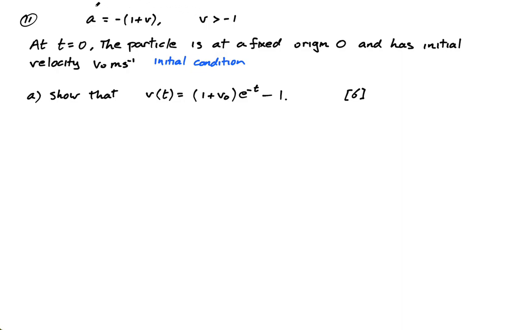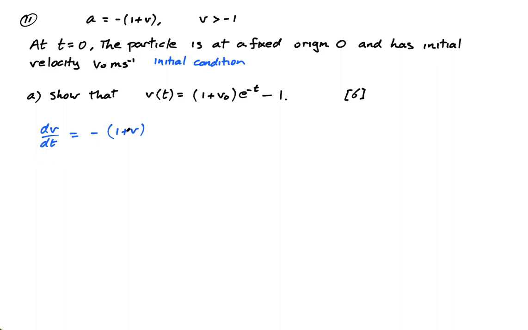It's a differential equation because a is actually dv/dt. Now hopefully you know that. dv/dt is equal to -1 plus v. Now it's also a separable differential equation, so I can just separate this by cross multiplying. I can divide by all of this, or I could actually leave the negative there if I want.